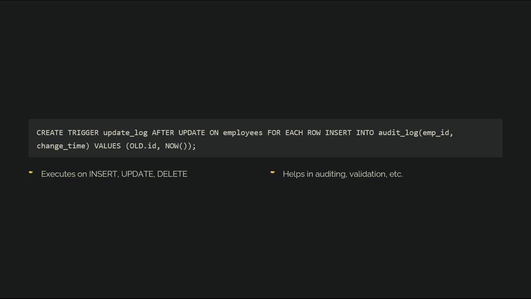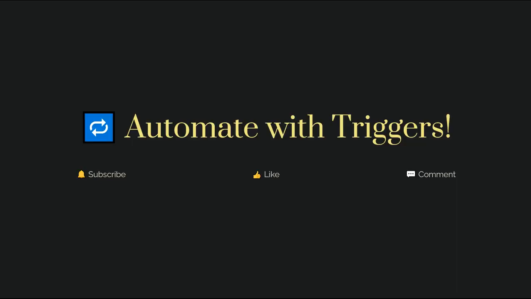So whenever employees data is updated, it will store that log into the audit_log table with the respective columns. It executes on insert, update and delete, and helps mainly in auditing and validation.